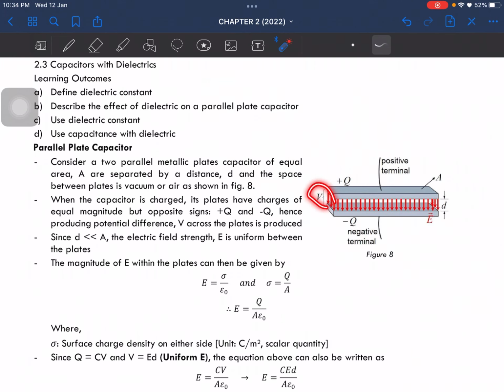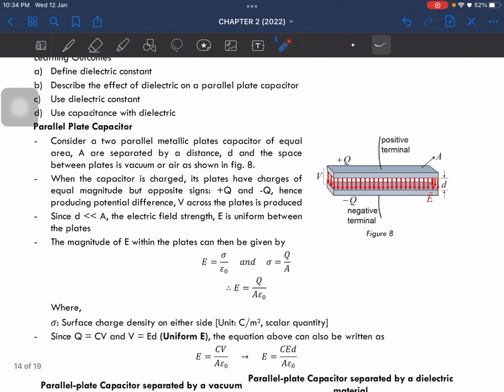So this is the potential difference produced by the positive and negative terminals. Since the distance is much less than the area, the electric field strength can be called uniform.